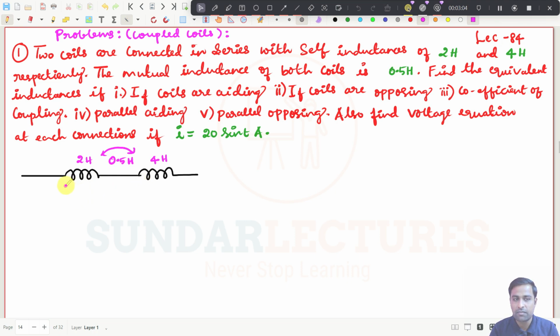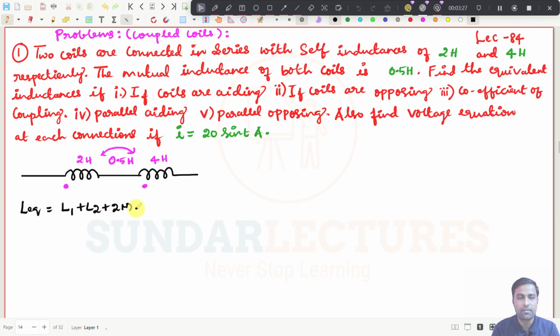First, if aiding, the diagram will be like this. This is for aiding. We know the formulas. The L equivalent will be L1 plus L2 plus 2M.